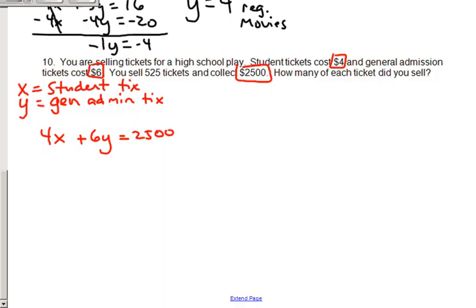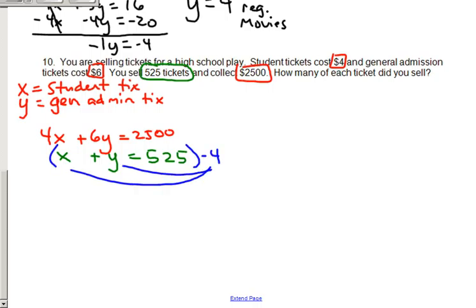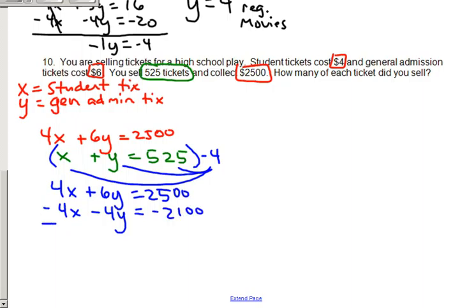Our second equation with what's left of 525 is going to be x plus y equals 525. And then, just like the other ones, we're going to go ahead and multiply the bottom one by negative 4. 4x plus 6y equals 2,500. Negative 4x minus 4y equals negative 2,100.